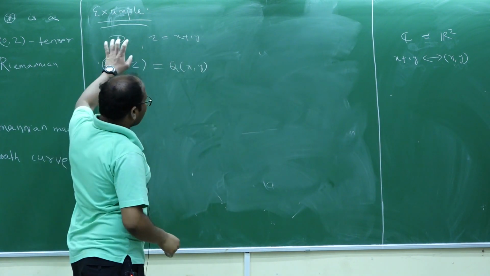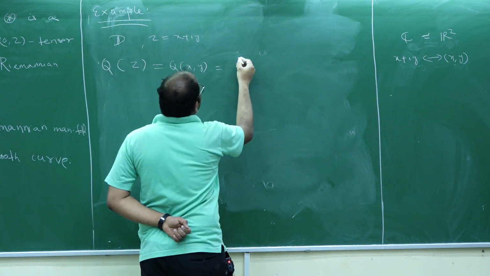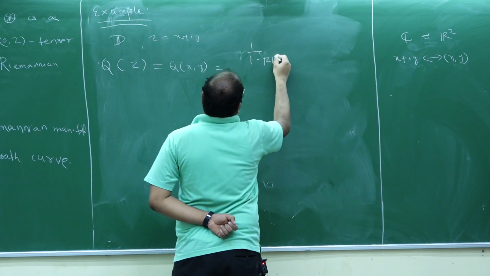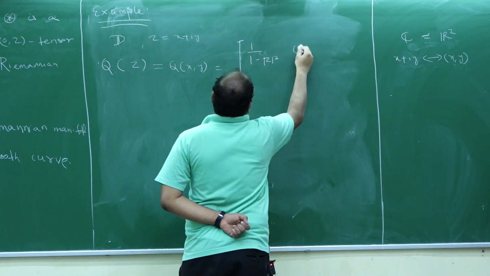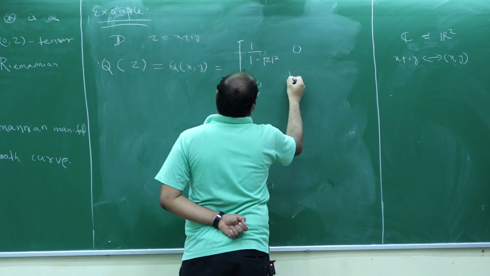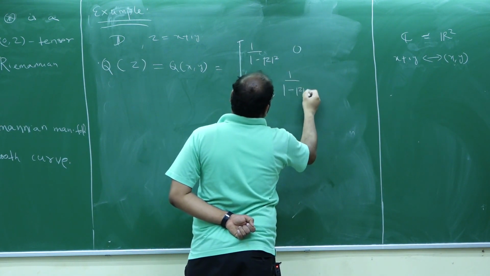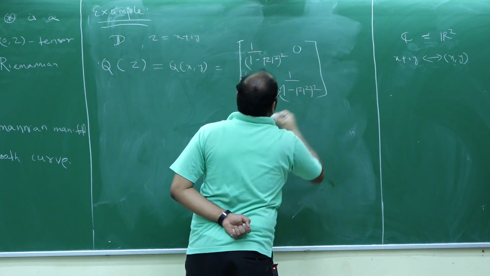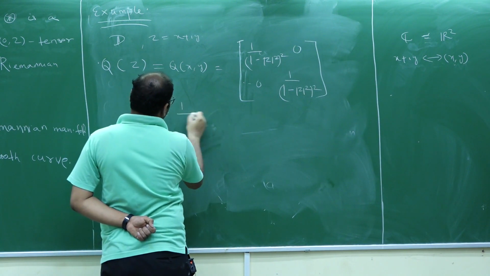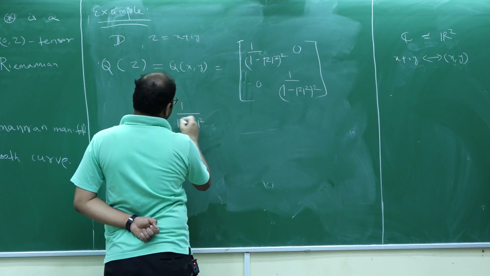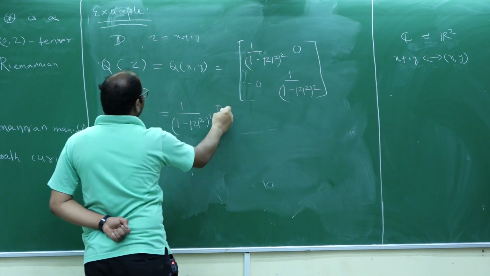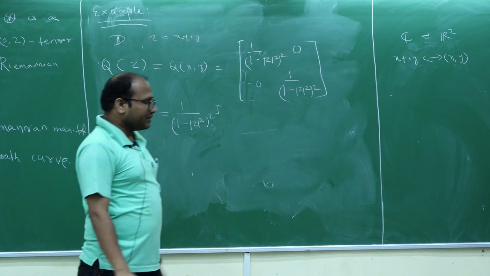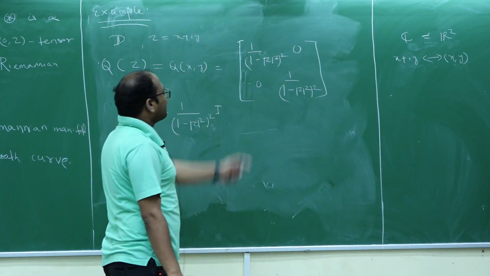This is the open unit disc in R^2. So this is Q(z) equal to 1 by (1 minus |z| squared) times the identity, nothing but this matrix 1 by (1 minus |z| squared) into I. So clearly for each z, Q(z) is a positive definite matrix, because isometries are positive and symmetric.